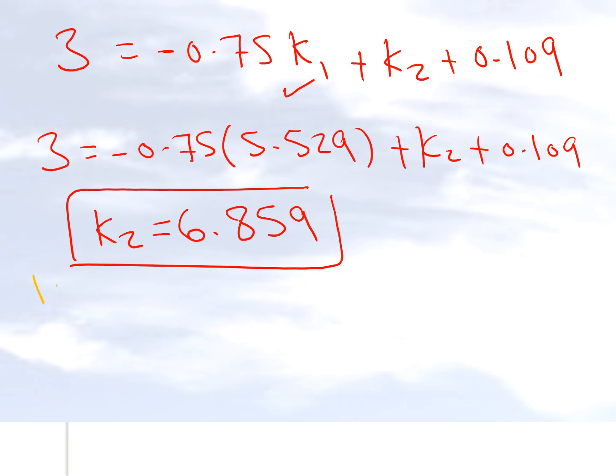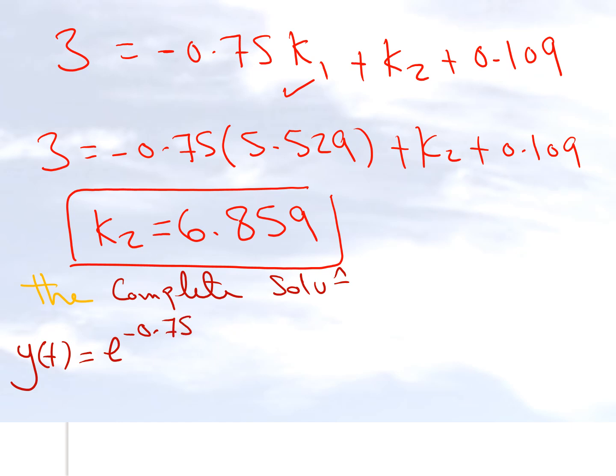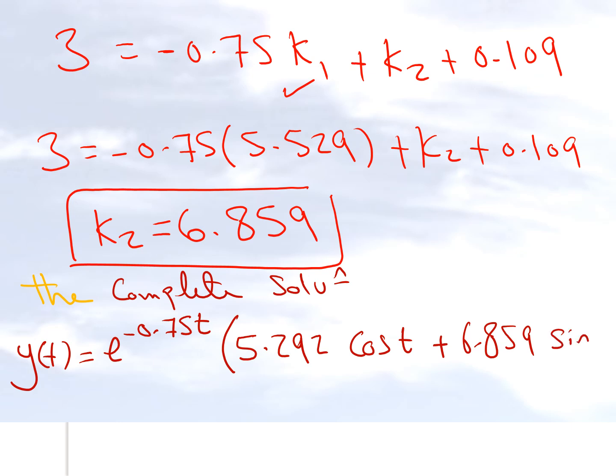So now we have a solution for k1 and k2. Then the complete solution can be given as follows. We already had this expression. The only missing part was k1 and k2. We solved for them, so we add them here. So it is e to the minus 0.75t times (5.29 cosine t plus 6.859 sine t).